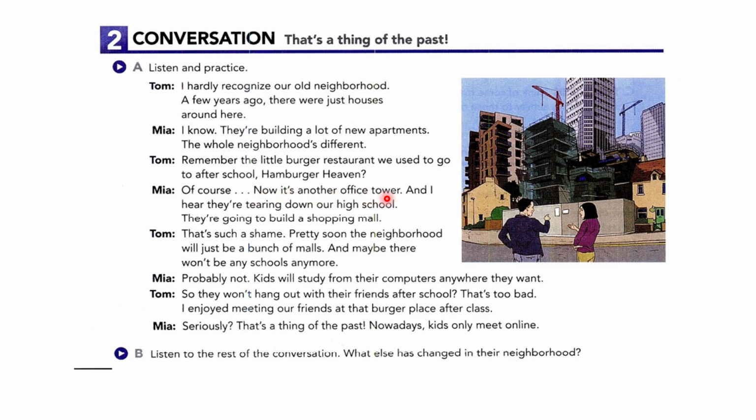Now it's another office tower. And I hear they're tearing down our high school. Tearing down, a phrasal verb. They're going to build a shopping mall. That's such a shame. Pretty soon the neighborhood will just be a bunch of malls, and maybe there won't be any schools anymore. Probably not. Kids will study from their computers anywhere they want. So they won't hang out with their friends after school?